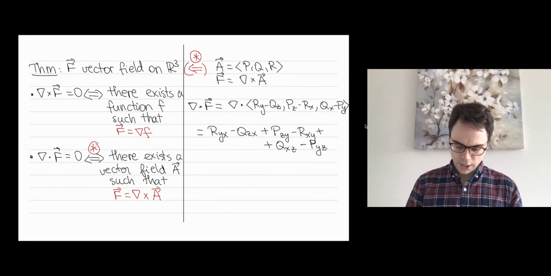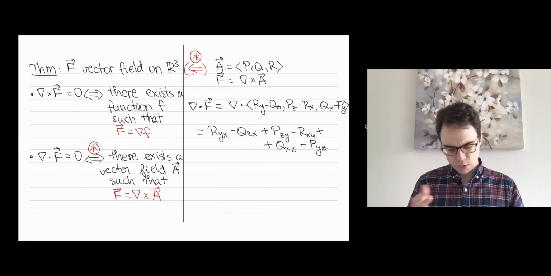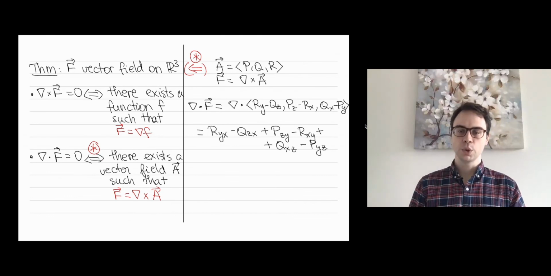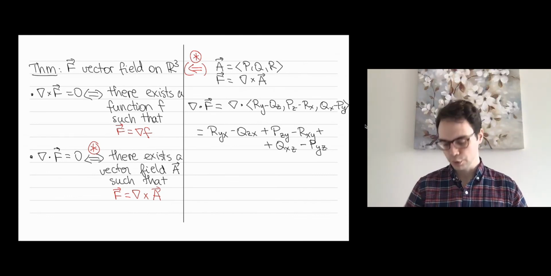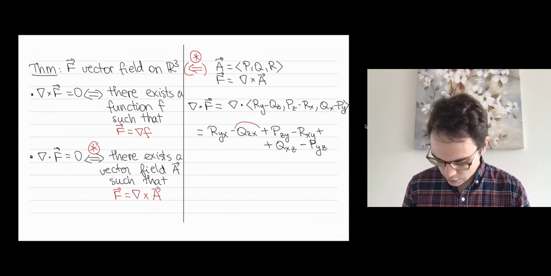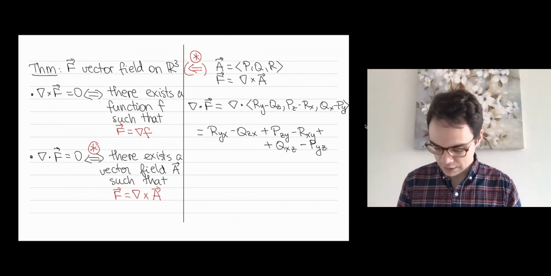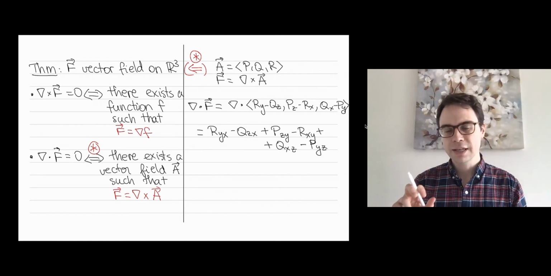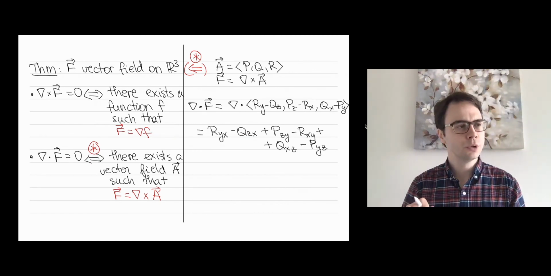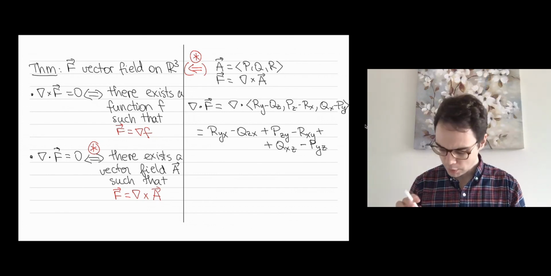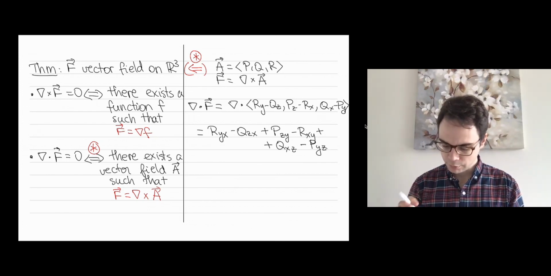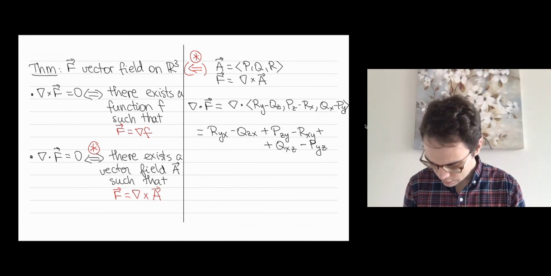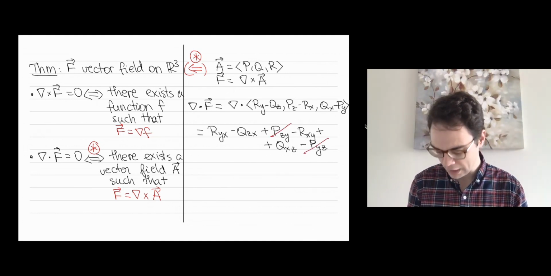In this class, we're always working with vector fields which are continuous and have continuous partial derivatives. So these components satisfy what I believe is called Young's rule, namely that their partials are symmetric. For example, P_zy is the same as P_yz.